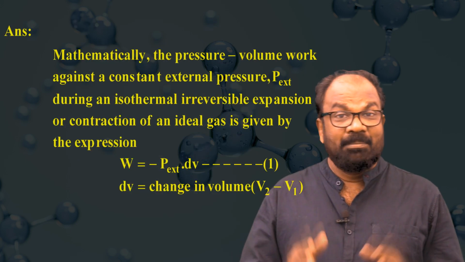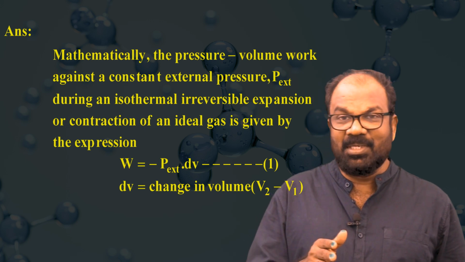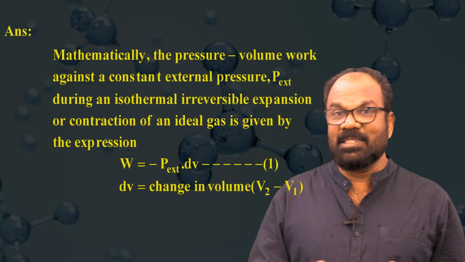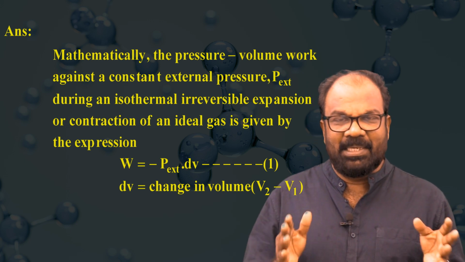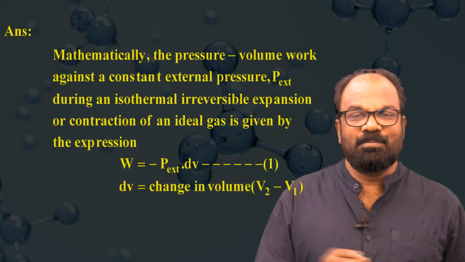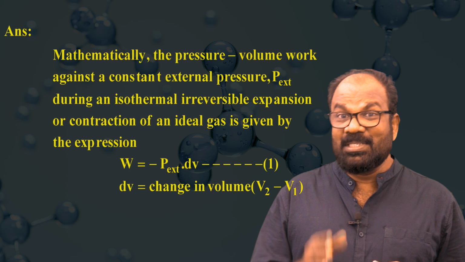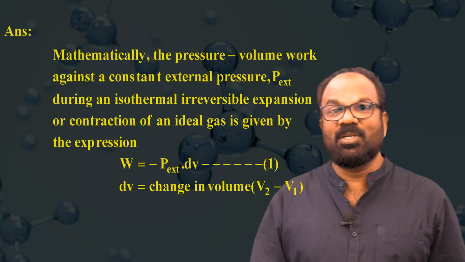Listen please. Mathematically, the pressure volume work against a constant external pressure P external during an isothermal irreversible expansion or contraction of an ideal gas is given by the expression W is equal to minus P external into dV, where dV is called change in volume. That means final volume V2 minus initial volume V1.